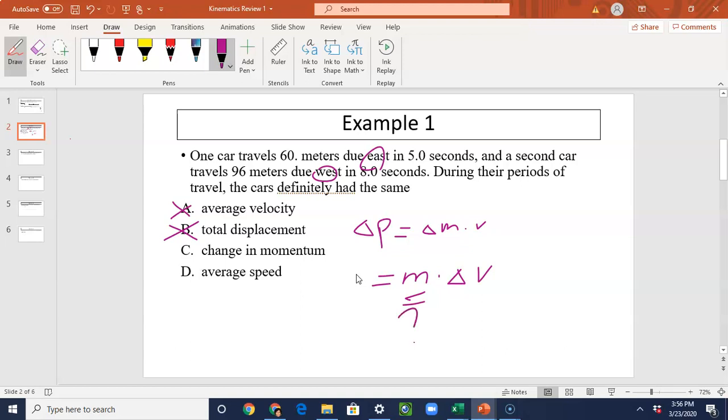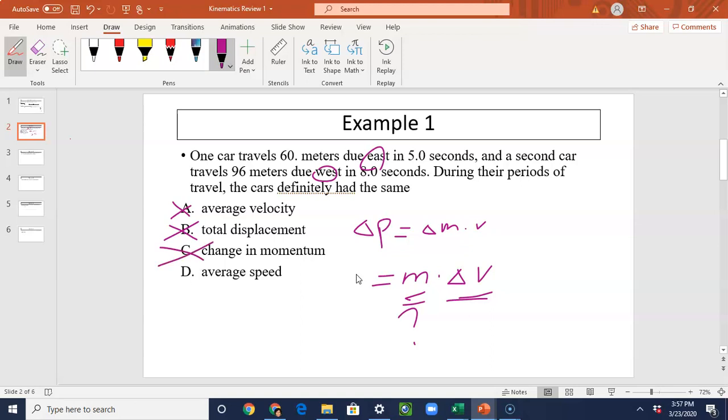We also don't know how velocity is changing. We don't know if it's driving with constant speed or it's changing. We only know it's the average. This is the average speed of one car and the average speed of the other car. So we don't really have enough information for part C.